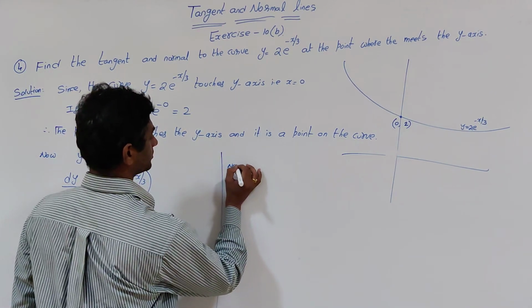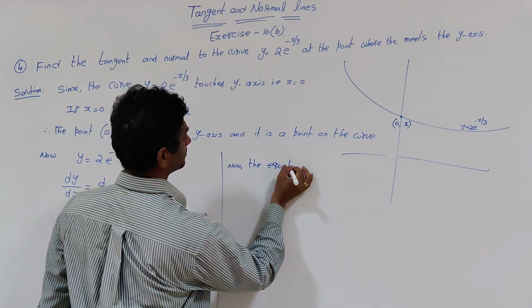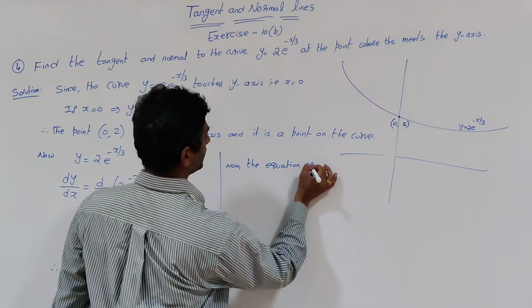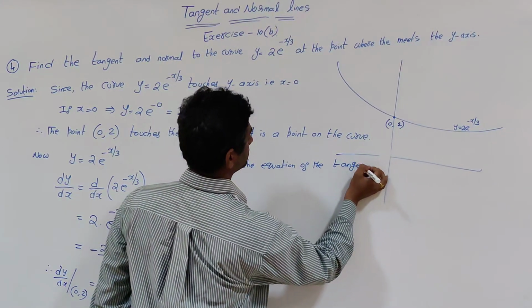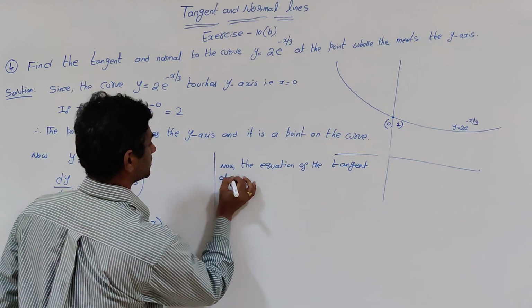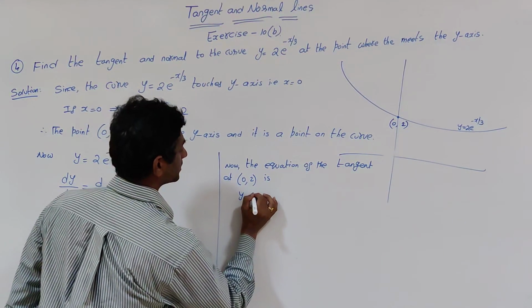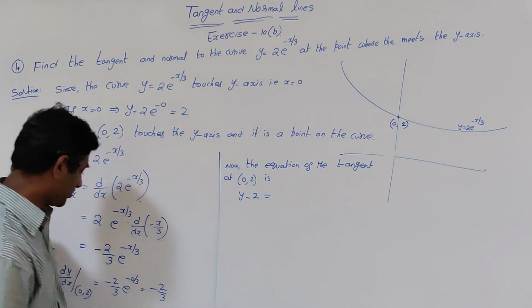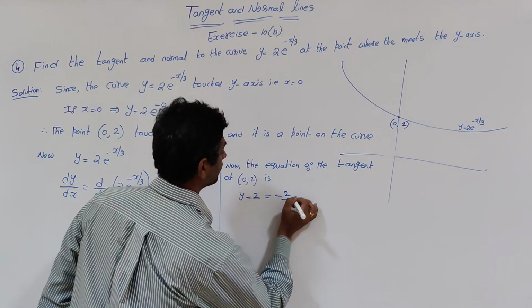Now the equation of the tangent at (0, 2) is y minus y1, that is y minus 2 is equal to slope. What is the slope? Minus 2 by 3 times x minus 0.